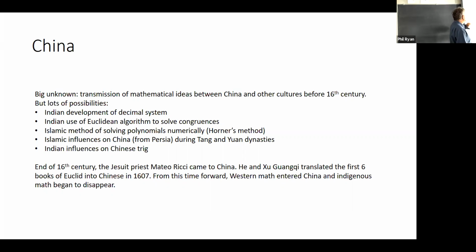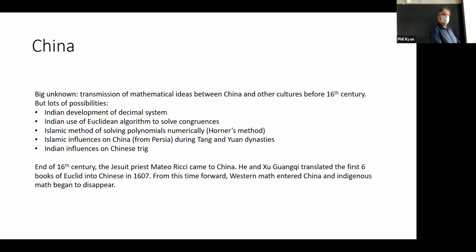At the end of the 16th century, so whoever did the last bit of China, anyone here did that? There was a Jesuit priest, Matteo Ricci, who came to China, and he and his student translated Euclid into Chinese in 1607.